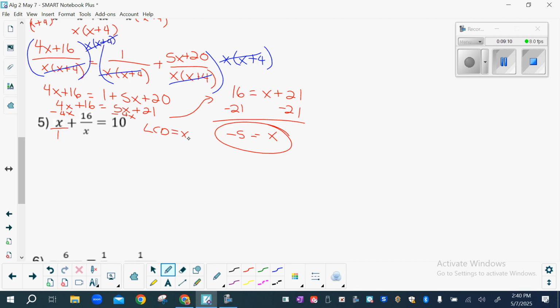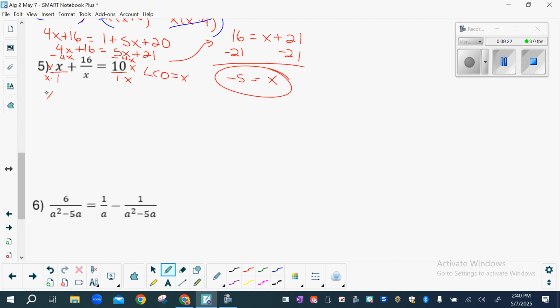It's x over 1. Yep. This one's okay, and then I need to multiply this by x also. Does that make sense? So I get x squared over x plus 16 over x equals 10x over x.